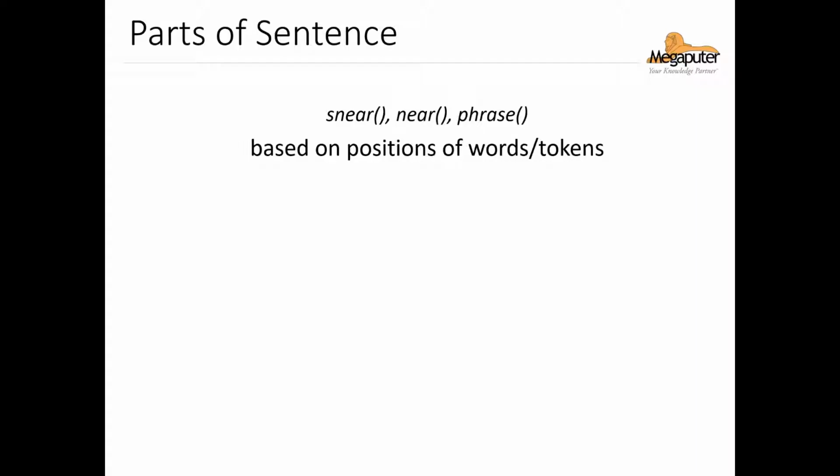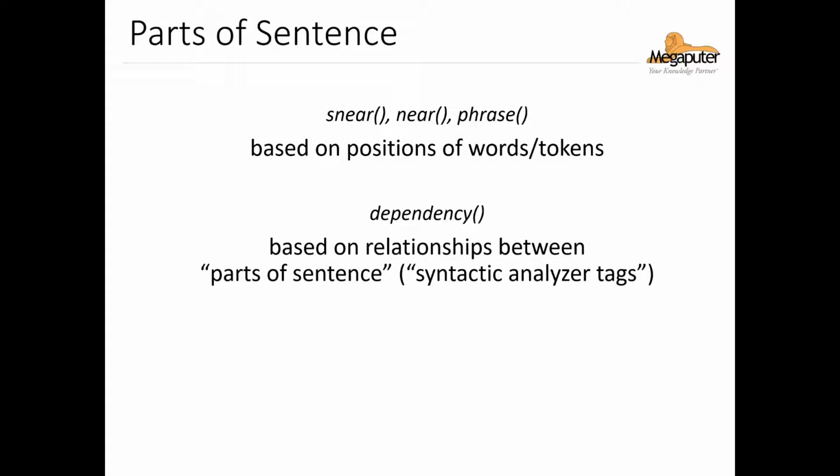First of all, we need to understand some kind of breakdown of the actual sentences here, the actual parsing. Like we said earlier, the s near, phrase, etc., those are just based on positions of the words. The dependency function is based on relationships between, maybe not words themselves, but parts of sentences. These are called syntactic analyzer tags.